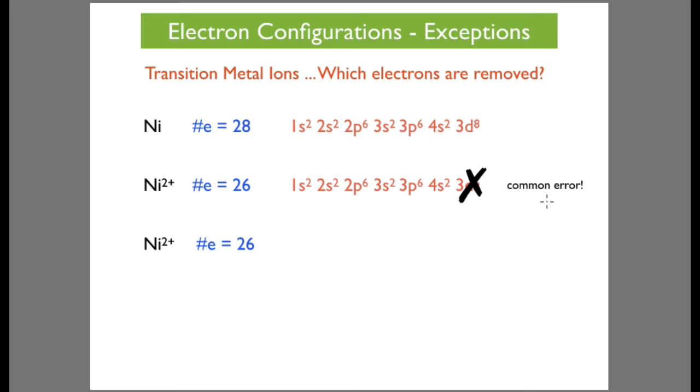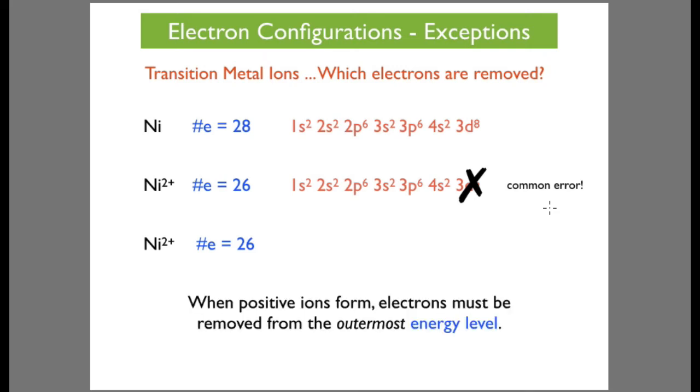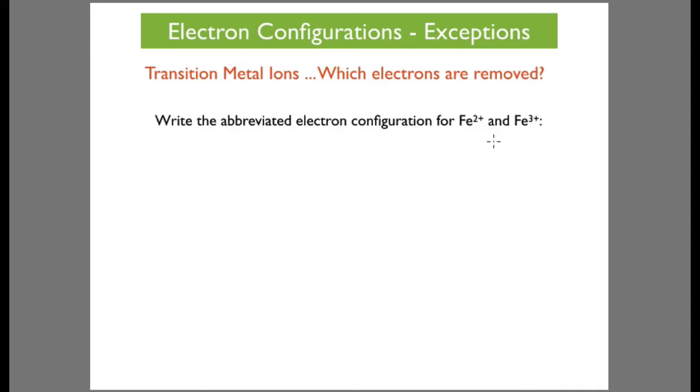So make a note of this and don't forget it. When positive ions form, electrons must be removed from the outermost energy level. That would be 4s. And so 4s loses 2 electrons, and this would be the electron configuration for the nickel 2+ cation. You can see we've got 3p6, 3d8, and no 4s2, no electrons in the 4s orbital.